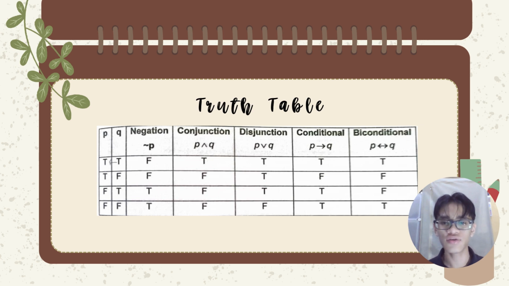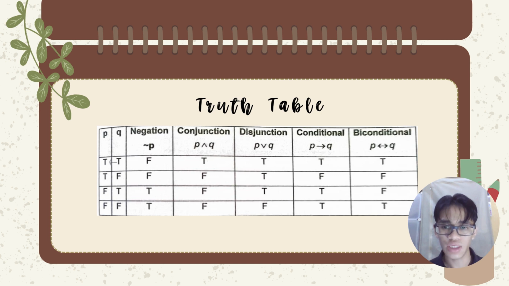And for the sixth column, conditional, P implies Q. If P is true and Q is false, then P implies Q is false. Otherwise, P implies Q is true. So, for example, when P is true and Q is false, it will return false.